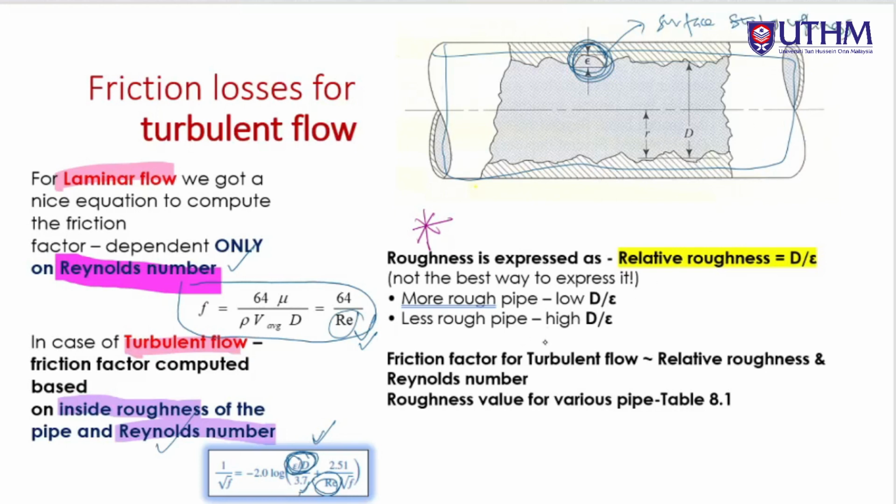Okay, and usually we express it in dimensionless form, in which we create something like this relative roughness dependency.